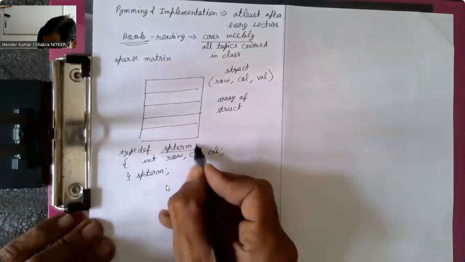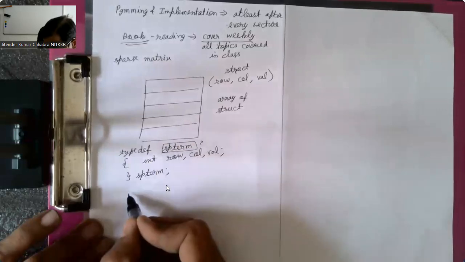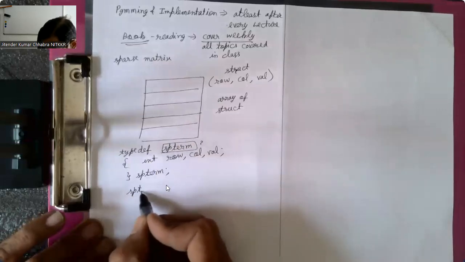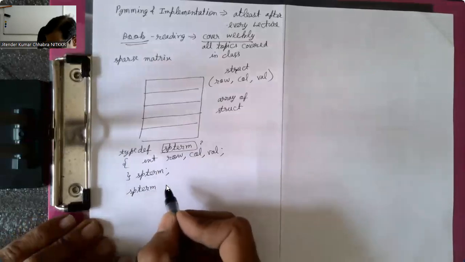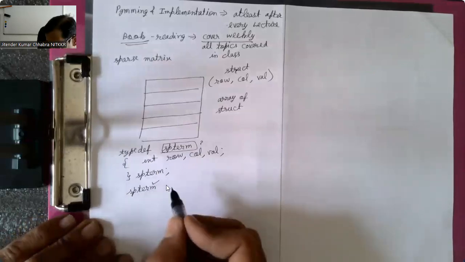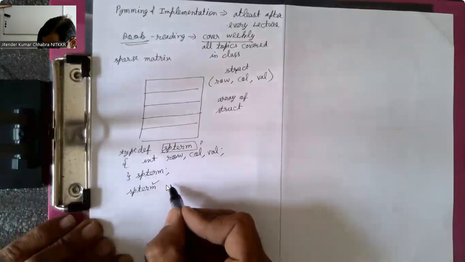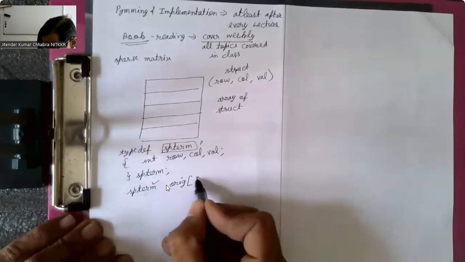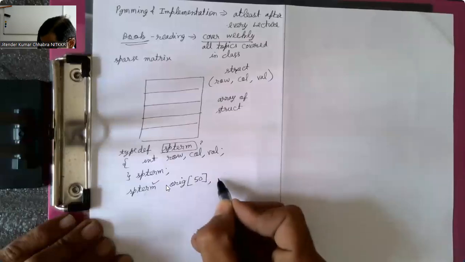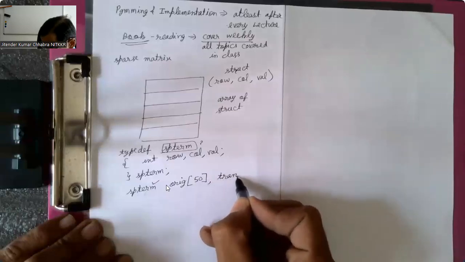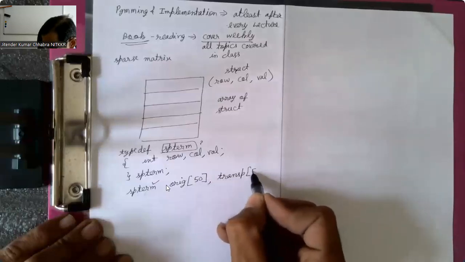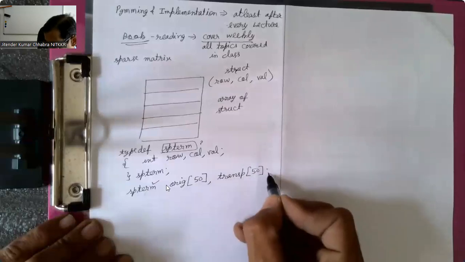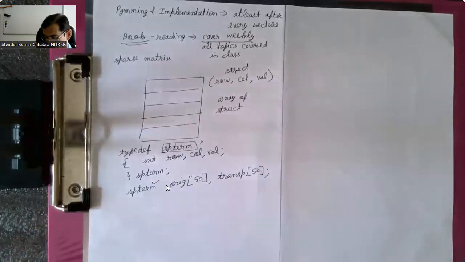This is optional, you may or may not put it, but once you have declared it as a typedef, this data type is available and you can declare, let's say, the original matrix, I'm naming it original, and later I will generate its transpose. So I generate another transpose matrix of this size, 50 size I am assuming. So effectively, I have one array of structures taken.